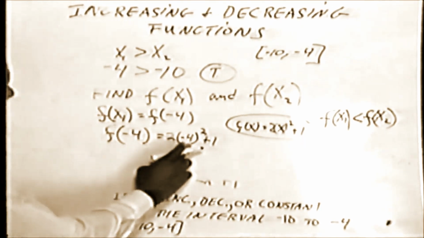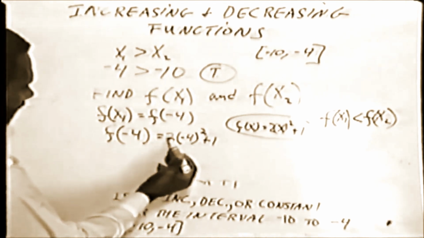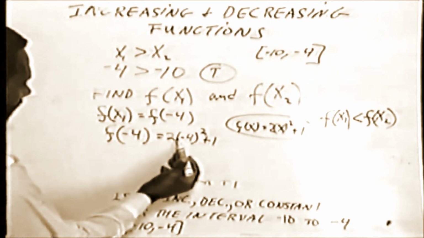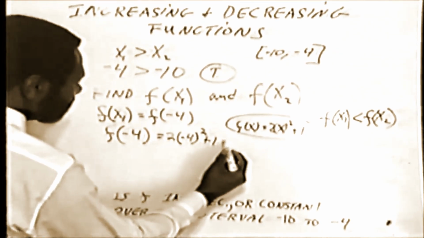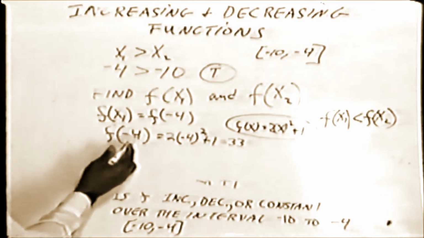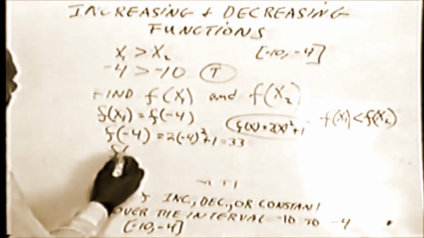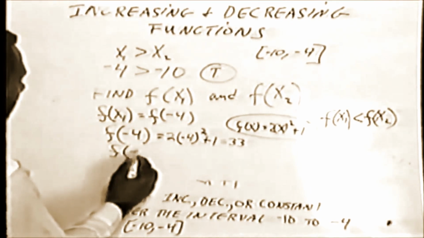Now we have to simplify this. Negative 4 squared would give us 16. 16 times 2 would give us 32, plus 1 would give us 33. This is what we get for f of negative 4. Now we find f of negative 10.